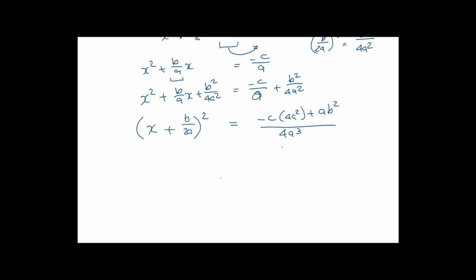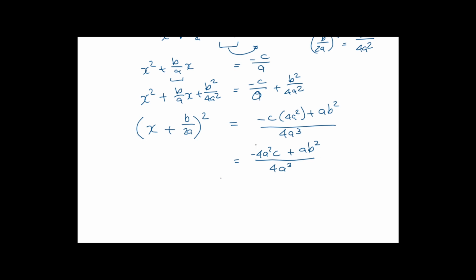Remember, top times bottom to top, bottom times bottom. And if we simplify that a little bit more, this is going to be minus 4a squared c plus a b squared all over 4a cubed.